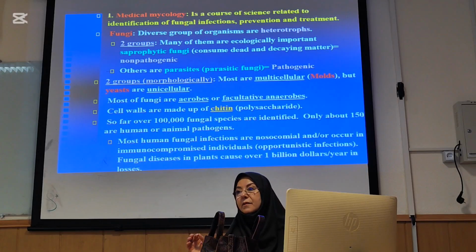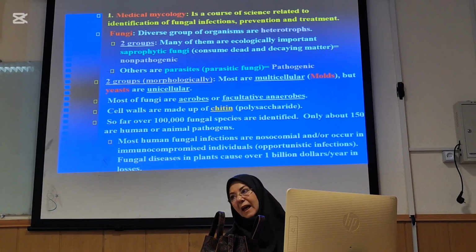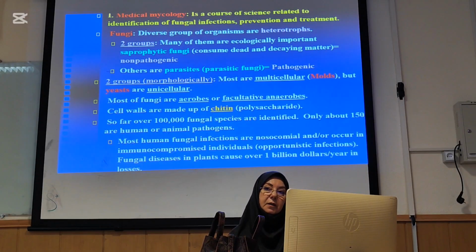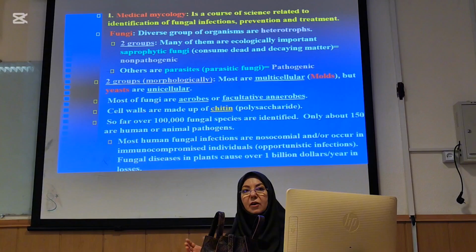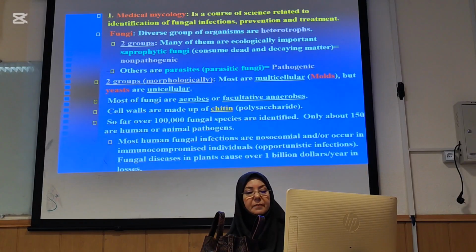Fungi are facultative anaerobes, with both aerobic and anaerobic respiration. And the cell walls of fungi, in comparison with other microorganisms, are usually made up of chitin as the main polysaccharide.